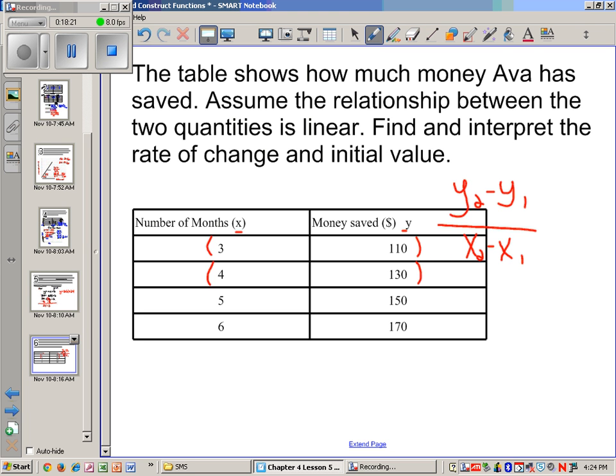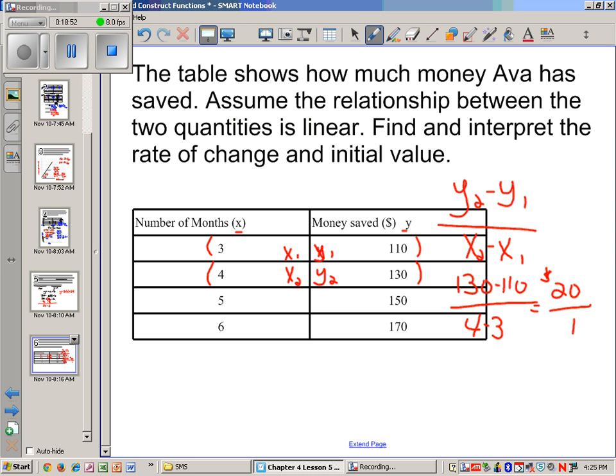So we're going to take our first values, our 1s, and our x2 and y2. Now we're going to plug those into our formula. So we have 130 minus 110 over 4 minus 3, which gets us $20 per 1 month. So Ava saves $20 per month. That is our rate of change.